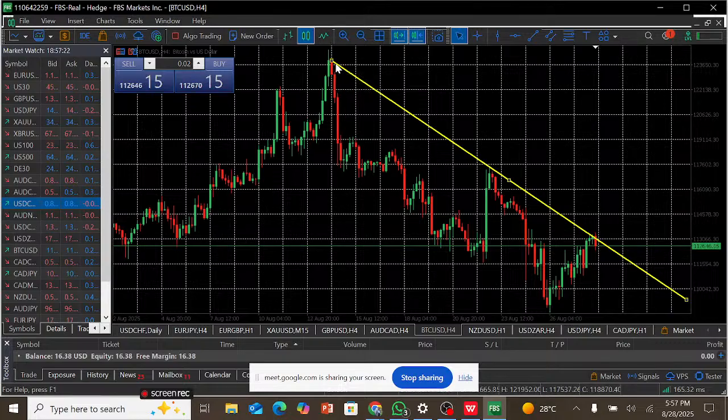This move and this move we won't trade, because they will form a downtrend. So it gives us an opportunity to confirm the trend, whether it's a downtrend or an uptrend.